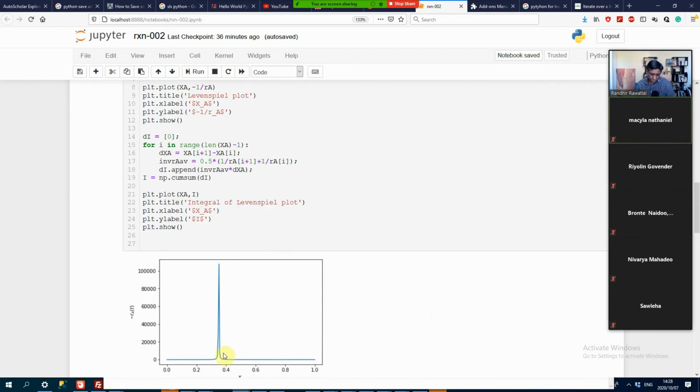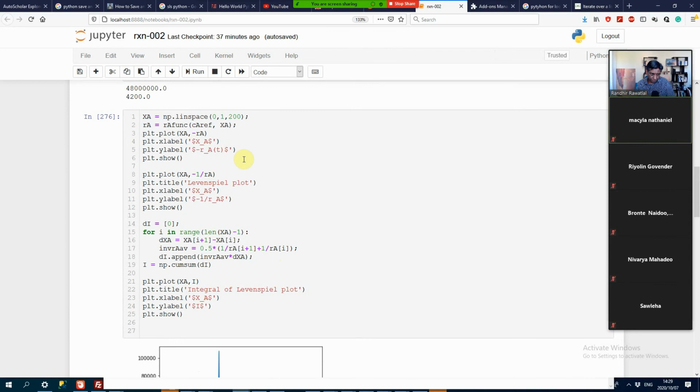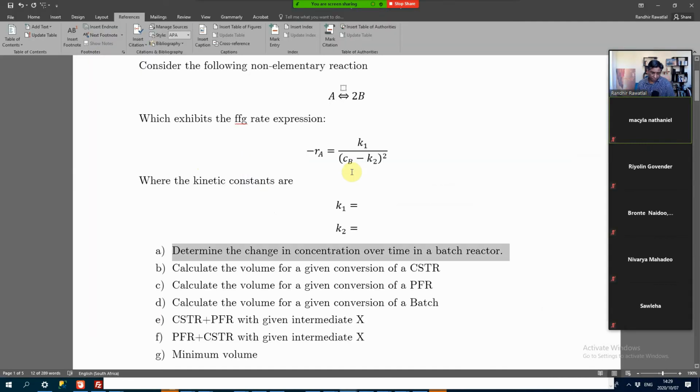So we can see it's shooting off to infinity here, and then it's coming back down to 0. So it looks like there's a special value over here. If you look at this expression, you can see that depending on the value of K2, there will be a value of CB where your denominator is going closer to 0.